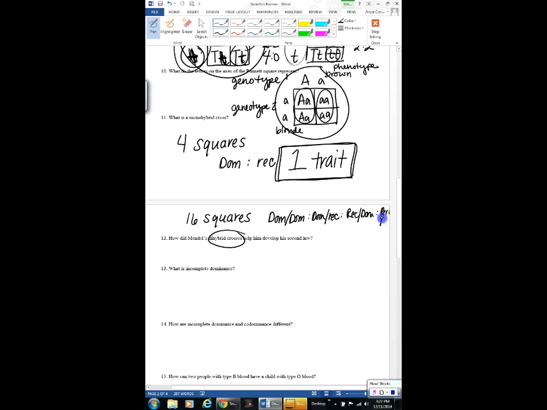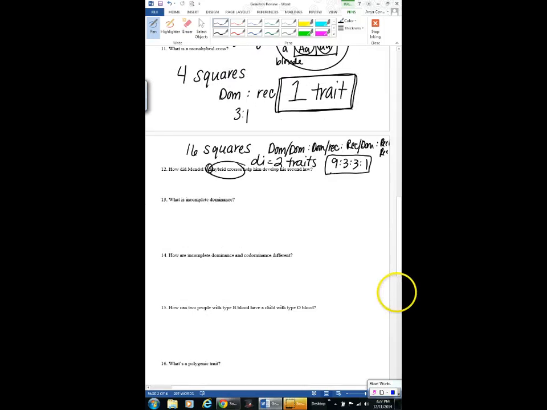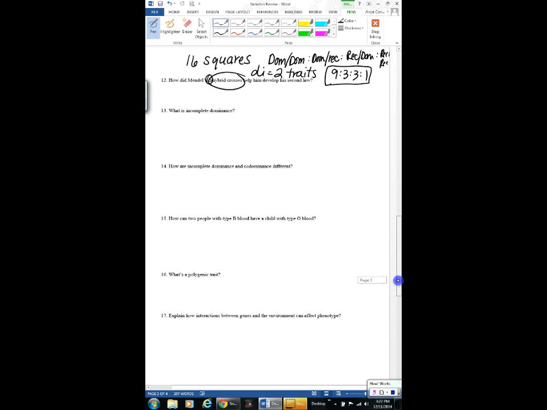Recessive, recessive. Okay, so we get something like 9, 3, 3, 1, where this one would be something like 3 to 1. So the ratios are much different, and di means 2, so we're testing for 2 traits. And these are usually traits that follow each other. So freckles and red hair, or eye color and hair sometimes are similar. So dihybrid is going to be two traits.